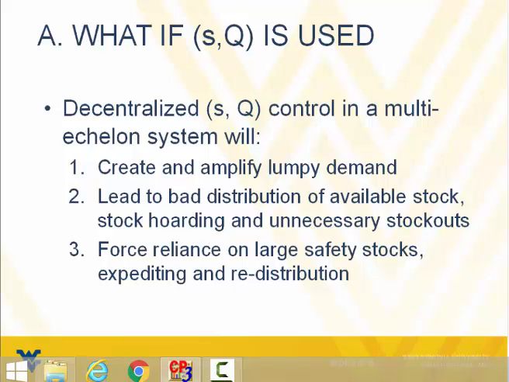So our queue is a lumpy demand, right? In other words, we're not ordering as the demand is happening. We are waiting and then we're ordering after some time, right? That's the whole point of the reorder point. So what can happen is, in a real world system, if you are incentivizing managers on how you're serving your customers and how you're fulfilling customers' demand, then there's going to be some sort of gameplay in the supply chain.